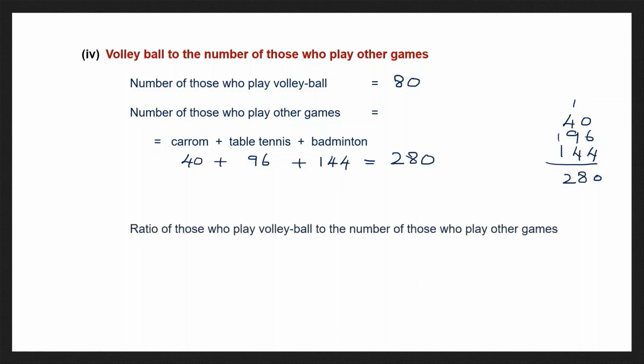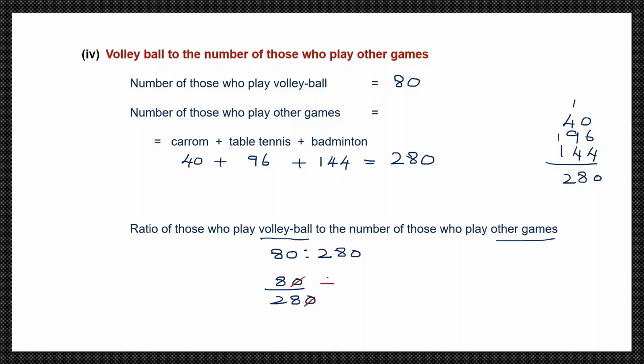So now I need to find the ratio of those who play volleyball to the number of those who play other games. So let's write down the numbers. Volleyball is 80 and those who play other games is 280. So let's write this as a fraction, 80 by 280. Now we need to simplify. Let's cancel the zeros.